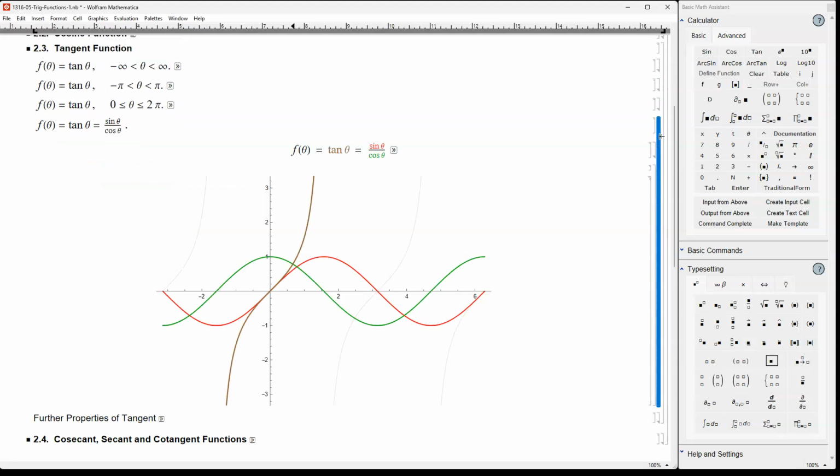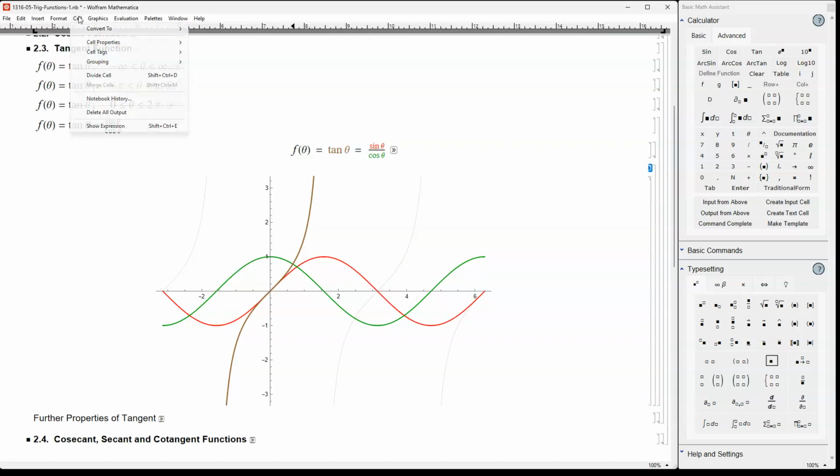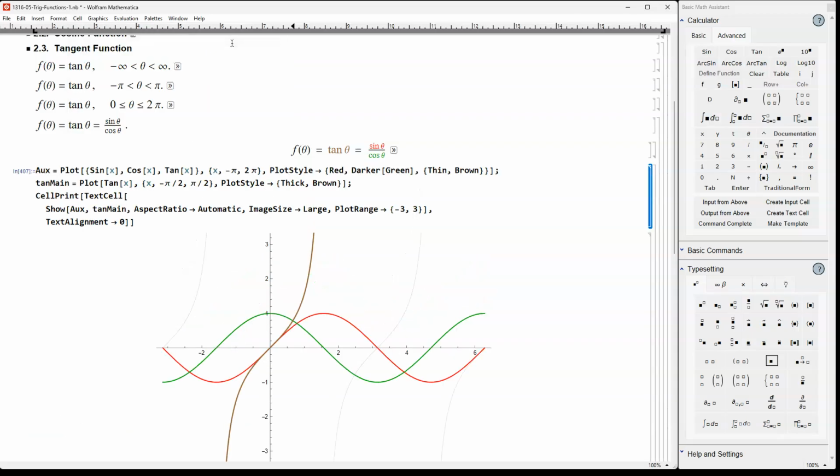Here's a graph of the tangent function alongside the graphs of sine and cosine. As a matter of fact, it's a little bit difficult to see the graph of the tangent function. Do you see this thin brown here and there? I can see it from my screen, but I don't know if you can see.